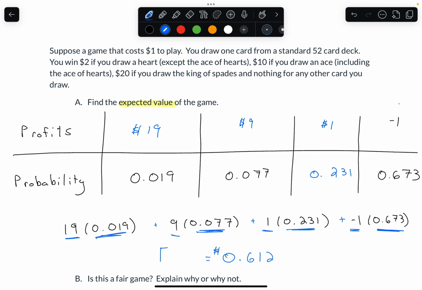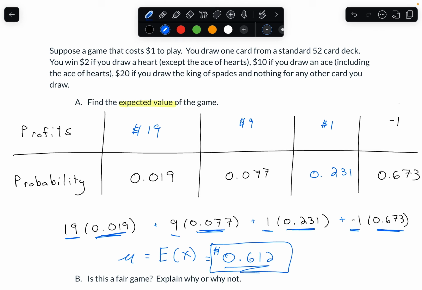You may see E of X, that means the expected value of the random variable X, or you may simply just see the mean, mu. So all of those represent the expected value or the mean of this probability distribution. So in this case, you would expect on average to win 61.2 cents every time you play this game.